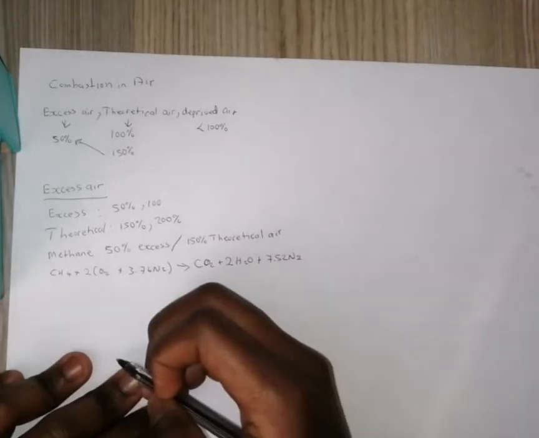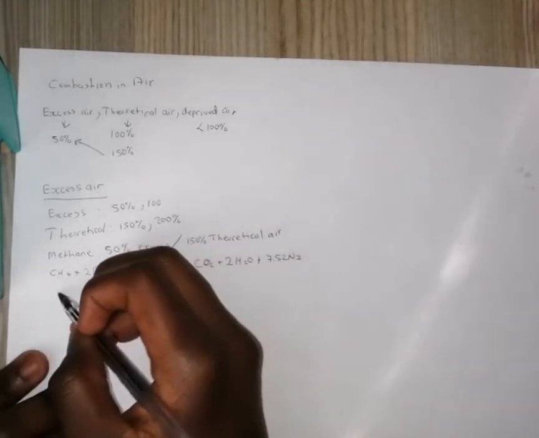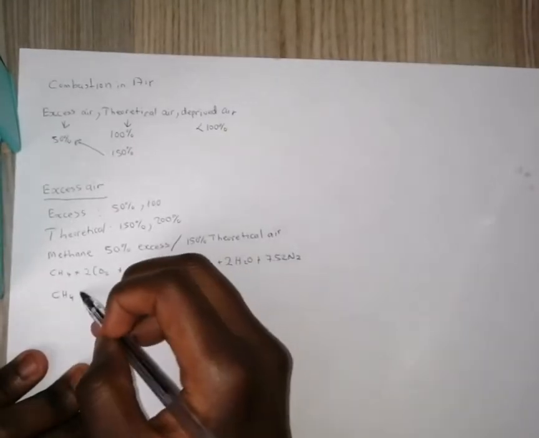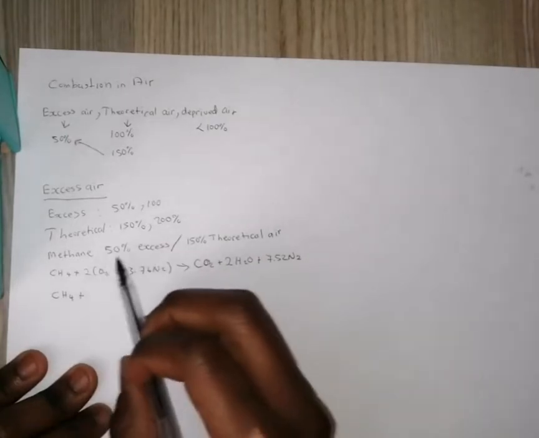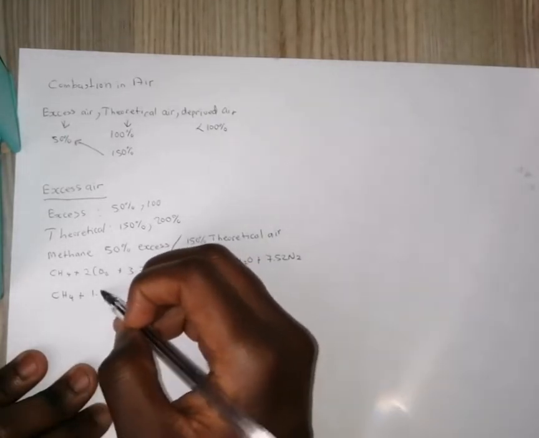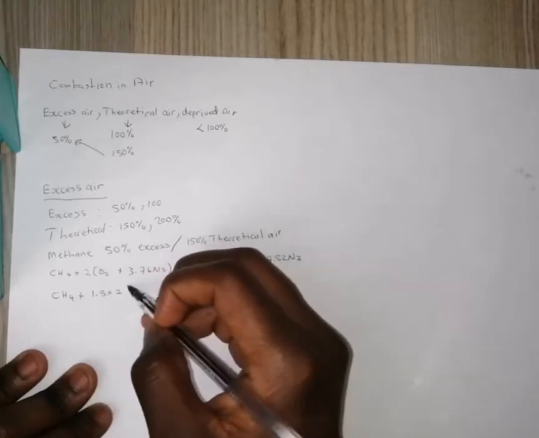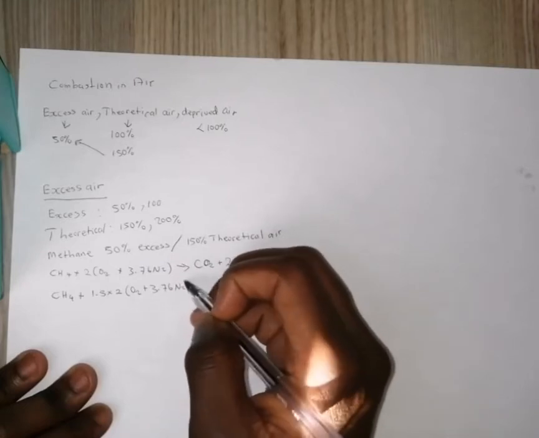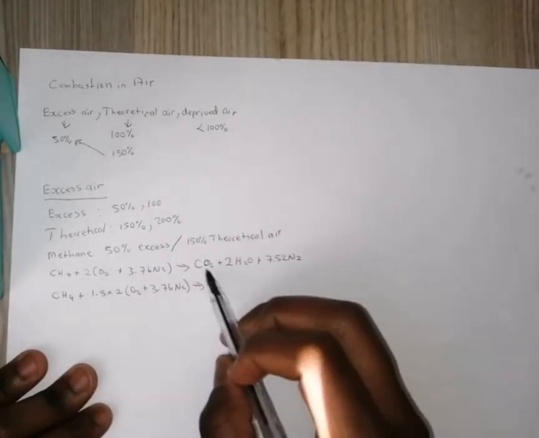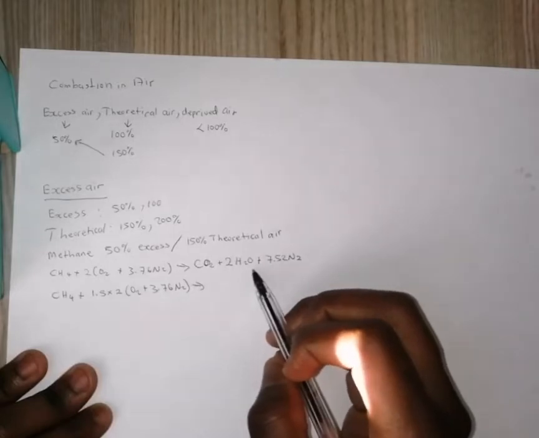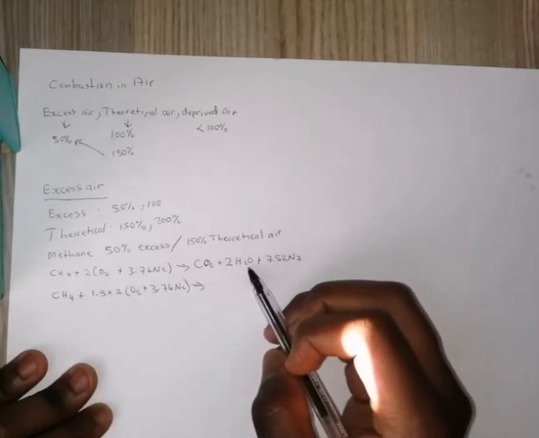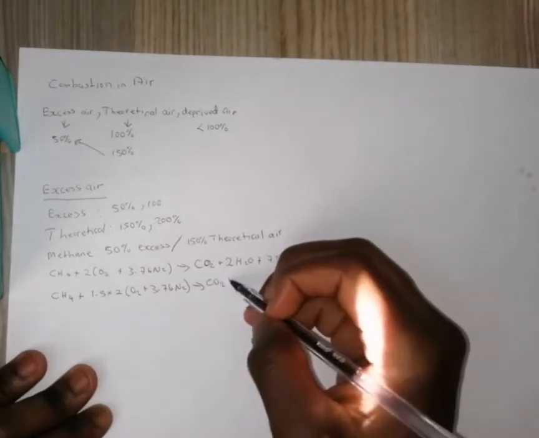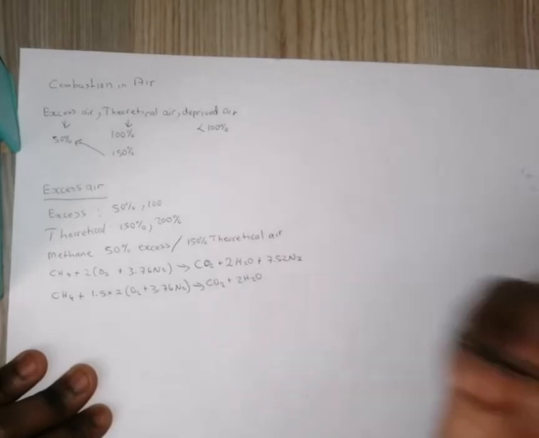Okay. So for us to have excess air, first we start with the fuel, which remains the same. Where we change is with the air. We said it's 150%, which means it's multiplied by a factor of 1.5. If it's excess air, the CO2 plus 2H2O will remain the same.